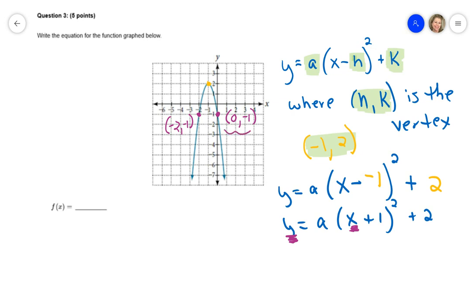I'm going to use this one because it has a 0 in it, and 0 is such an easy number to work with. So keep in mind that this is the x coordinate and this is the y. So I'm going to put the -1 here. I'm going to leave a. And then in place of the x, I'll put the 0.